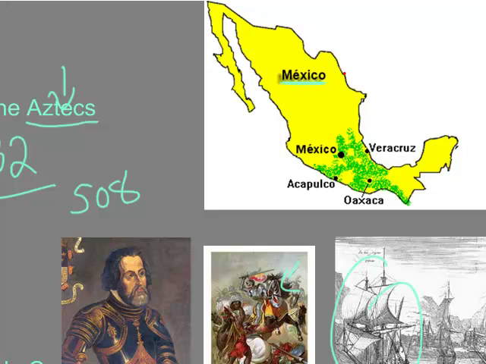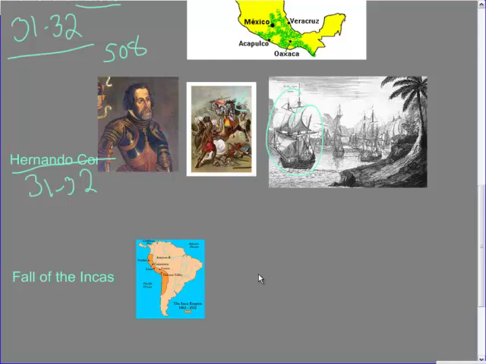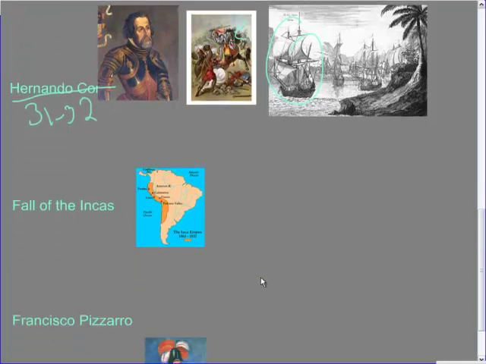So they, along with their Native American allies, march into Tenochtitlan. They capture Montezuma. After a long fight and some losses on the Spanish side, the Spanish are eventually successful, and the Aztecs no longer exist and rule over modern-day Mexico.